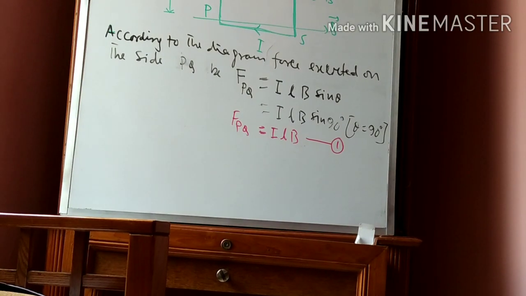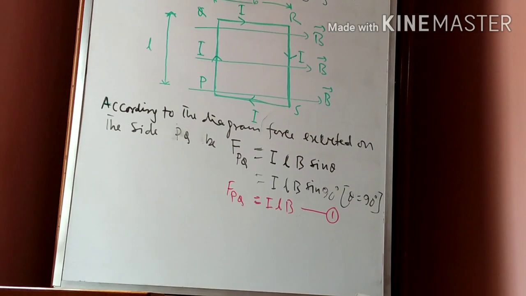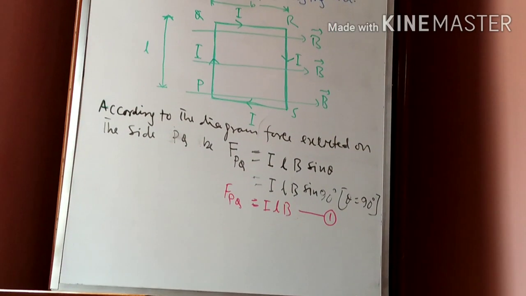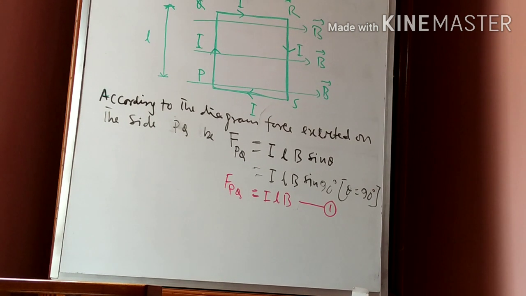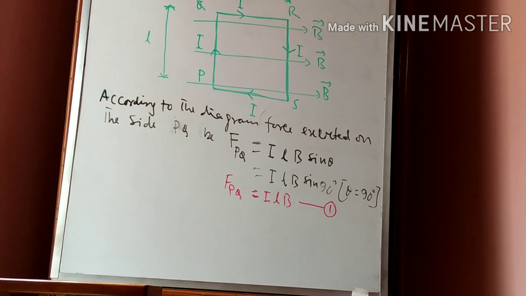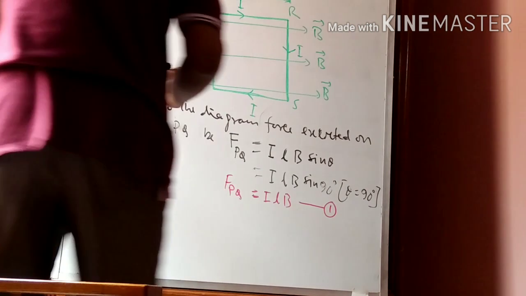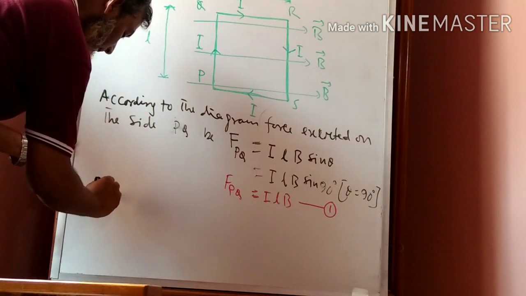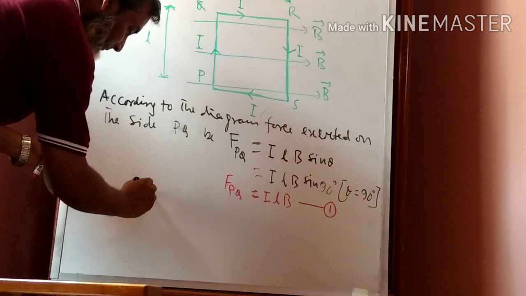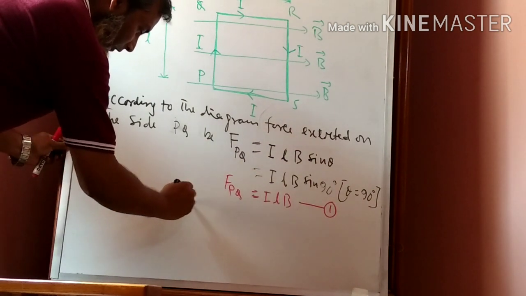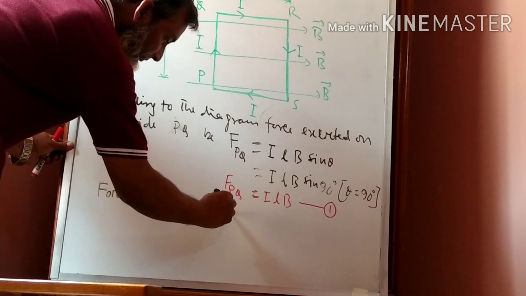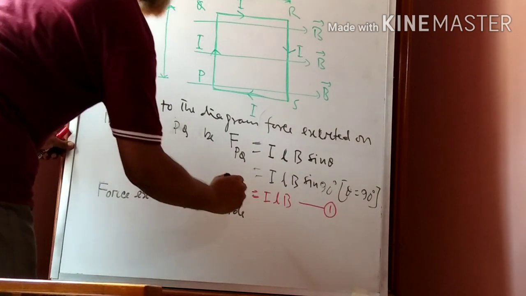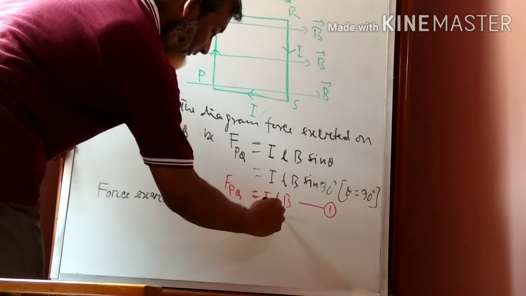Now I will find the expression of the force exerted on the side QR. So I write here force exerted on the side QR.